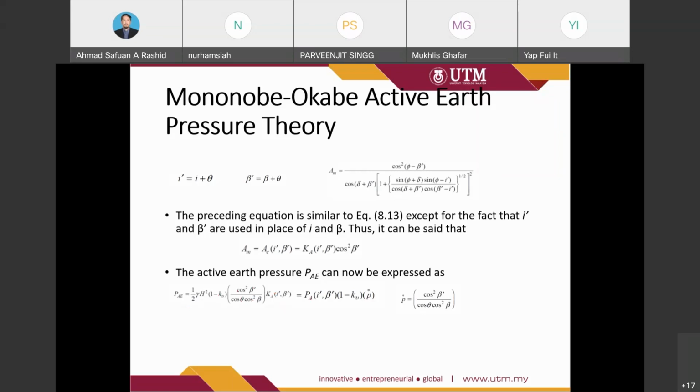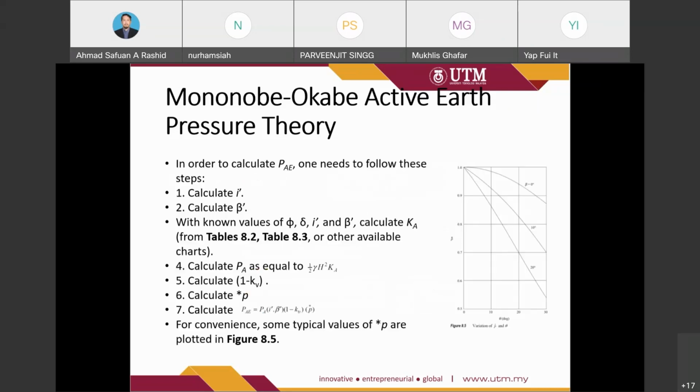Then they simplify to this equation, PA of I prime beta prime times 1 minus KV, and introduce the P asterisk, which is this equation. So the P asterisk is the cos square beta prime over cos theta cos square beta. So this is the procedure.